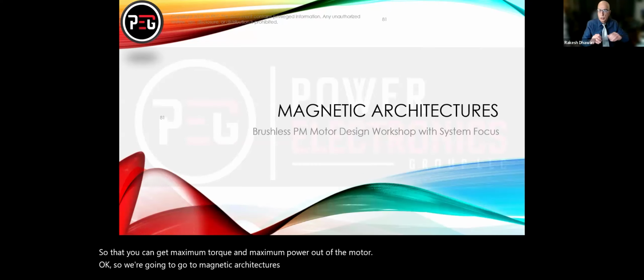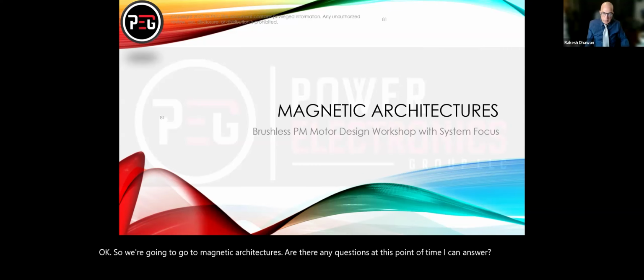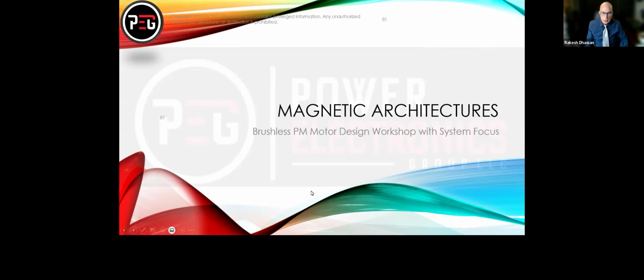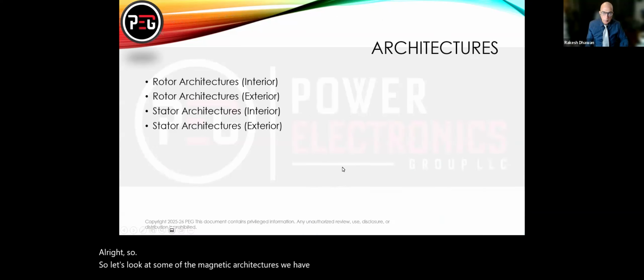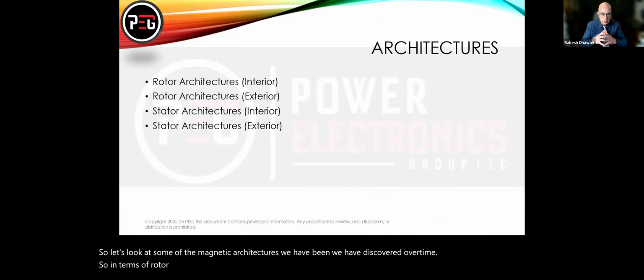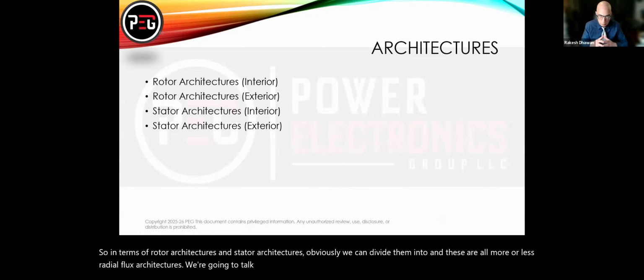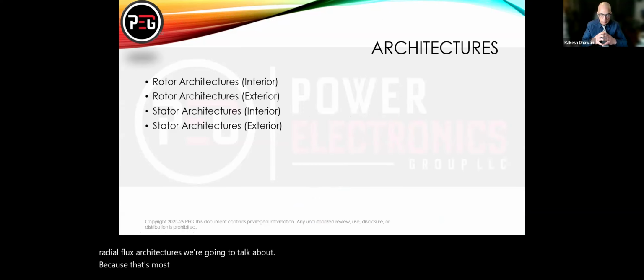Are there any questions at this point of time I can answer? All right, so let's look at some of the magnetic architectures we have discovered over time. In terms of rotor architectures and stator architectures, these are all more or less radial flux architectures we're going to talk about because that's the most prevalent topology we deal with.